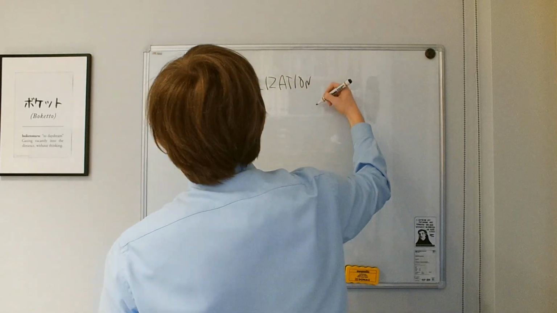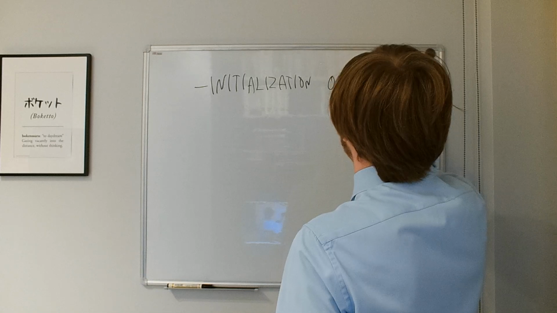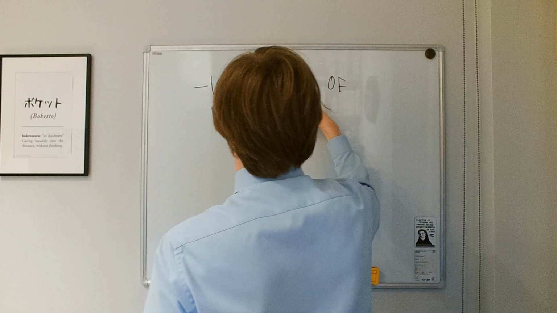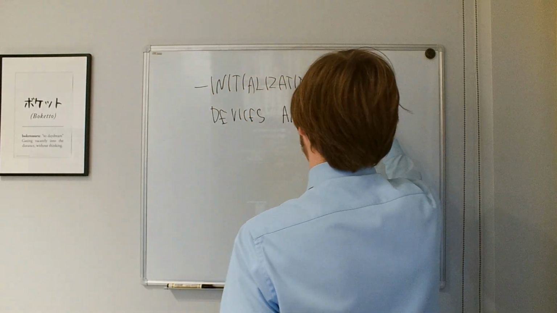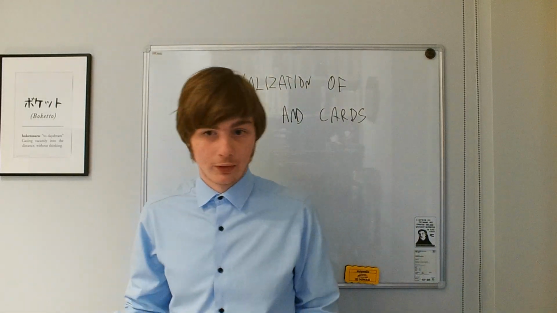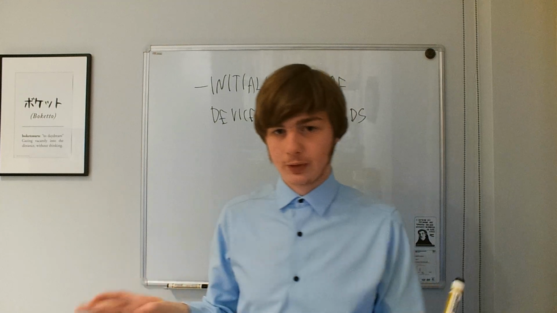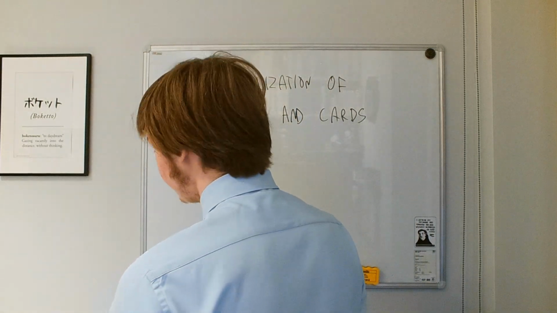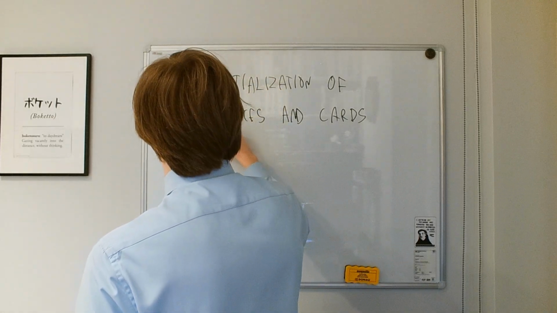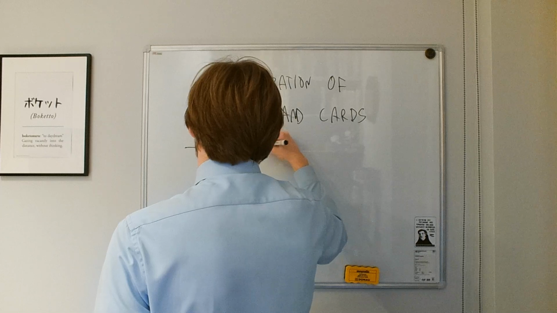There has to be an initialization of devices and cards, right? Because you might also deal with extension cards. You might have to turn on the second PS2 port and do things like that. Once you're done with that, you'll continue on with the enumeration of buses.